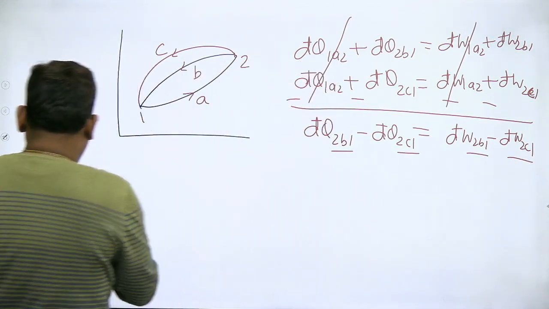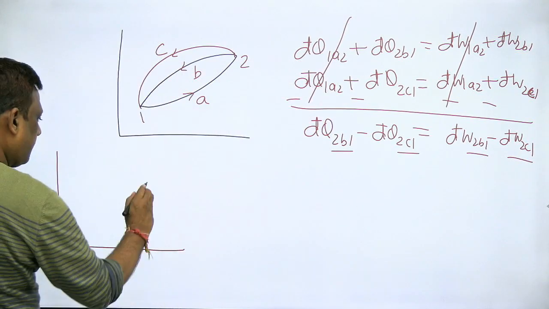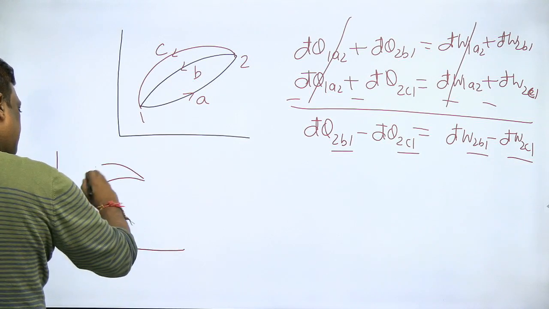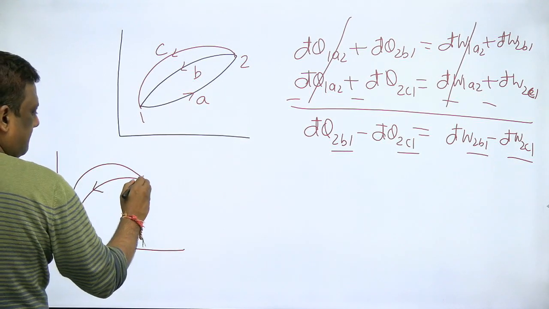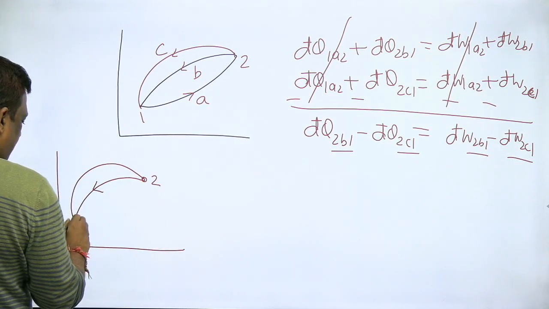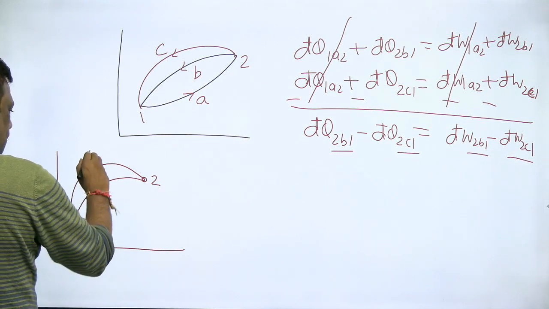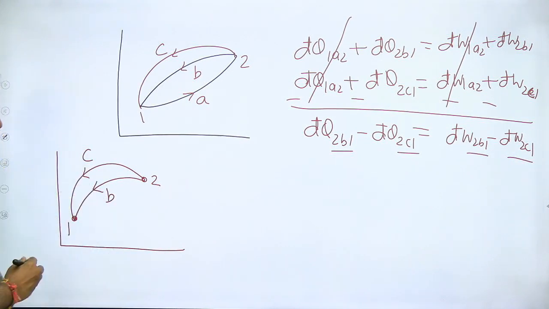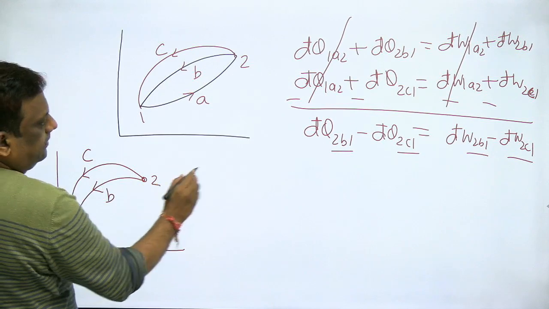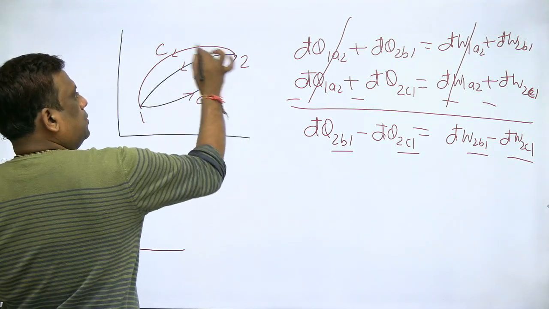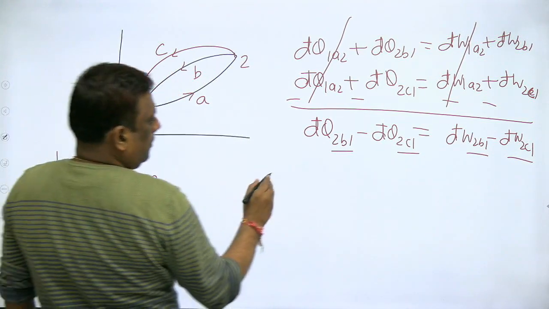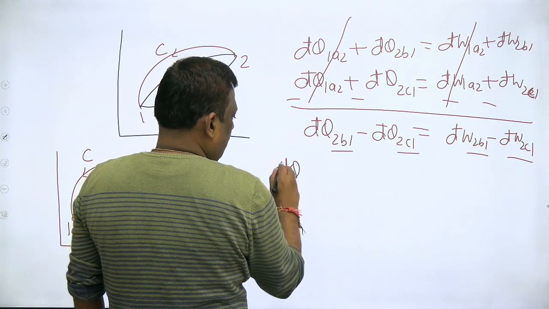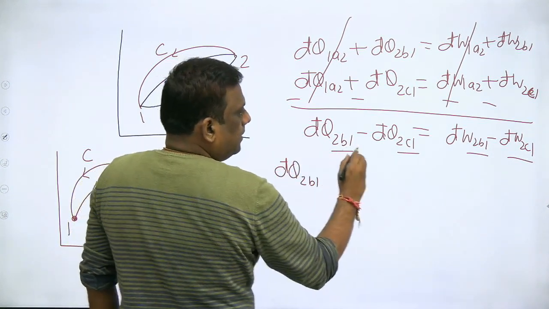So what I do is, it is between 2b1 to c1. Heat transfer for 2b1.